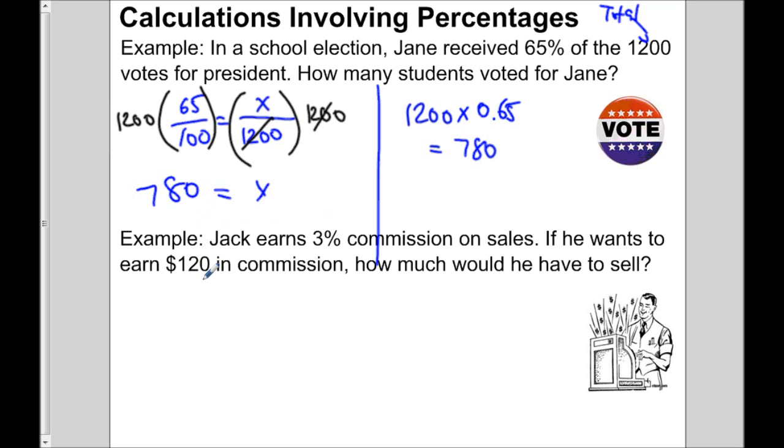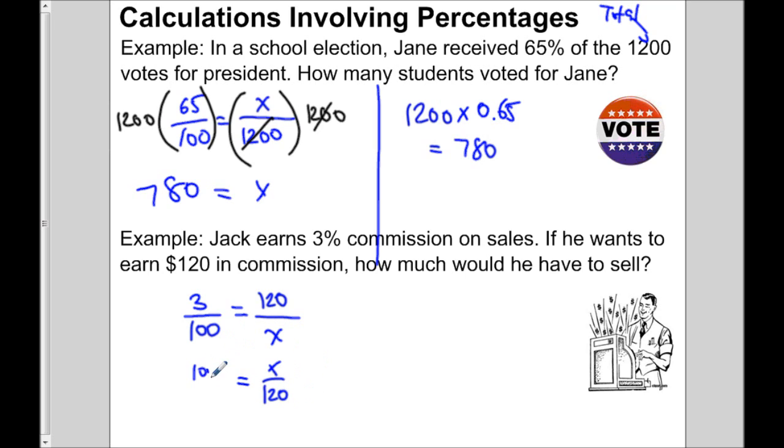So let's create a proportion. So 3% means 3 out of 100, and that's equal to, well, $120 really is 3% of a larger value. So to solve for a variable like this in a proportion, we first have to have x in the numerator. So we can do that by flipping this fraction.